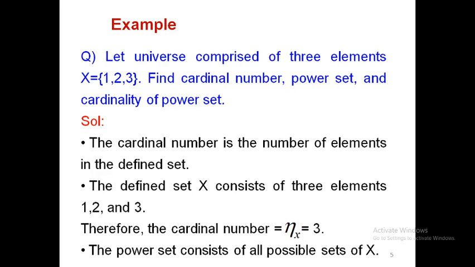The cardinal number is the number of elements in the defined set. The defined set is capital X, which has only three elements, 1, 2 and 3. Therefore, the cardinal number, which is represented with eta of X, is equal to 3.